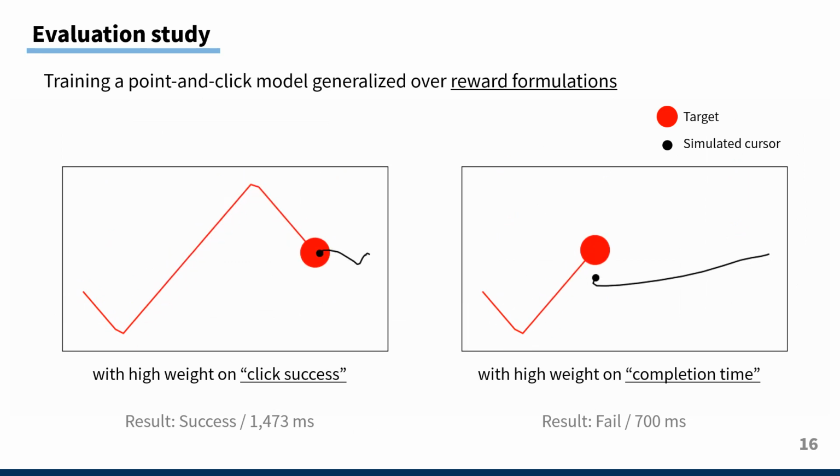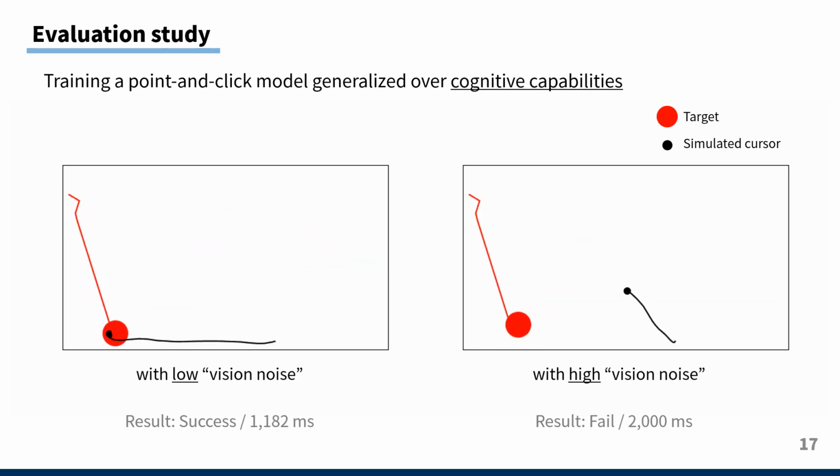For example, if a simulated user is rewarded more by a successful click than by fast completion, the model changes their behavior to wait more for the correct click. On the other hand, we can see how the behavioral strategy can be affected when there is a variation in simulated users' vision noise. The important point is that these changes in behavioral strategy were achieved from one generalized user simulator.